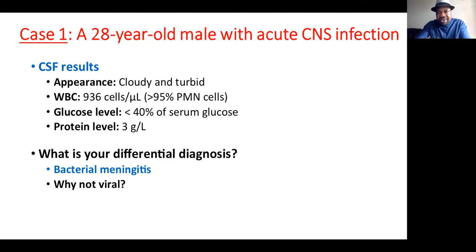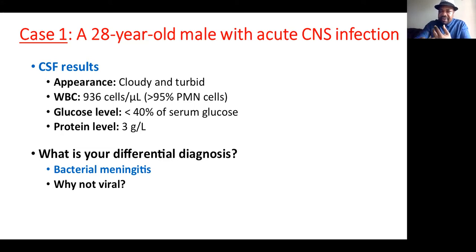So why not viral? First of all, the appearance of a viral CSF during a viral meningitis is not cloudy, it's not turbid, it's clear. So you will see that the CSF fluid is clear, not cloudy, okay?